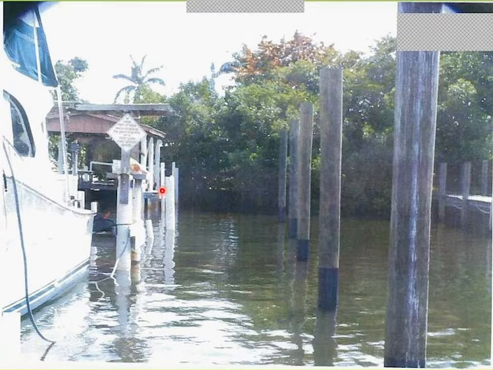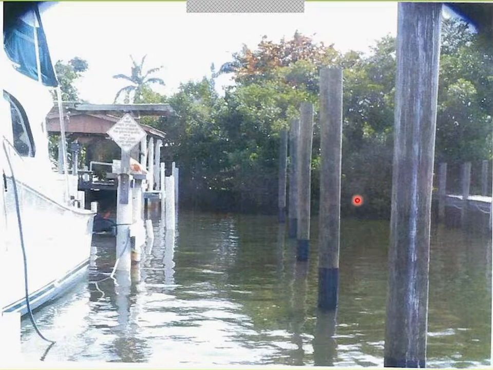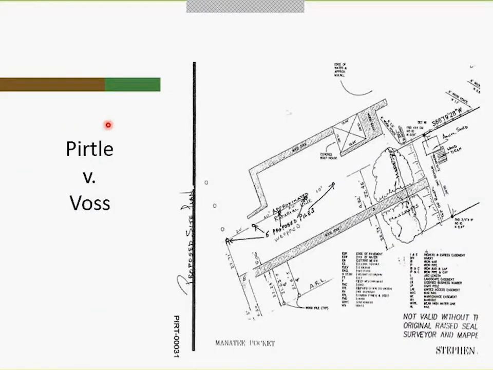To give you an idea, this space from the end of the L on the Pirtle dock to this piling is 7.5 feet. 7.5 feet similarly from this piling to this piling, and so on and so forth. So Pirtle understandably challenges the Voss verification of exemption.